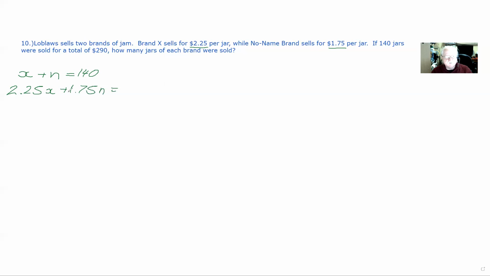And if we knew how many of each type was sold, multiplied it out, added it up, they're telling us we'd come up with $290. So we're in the standard form, as we've decided the standard form is X and N, but we've got to get rid of the decimals.